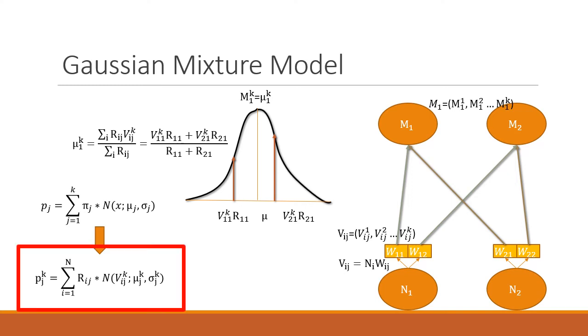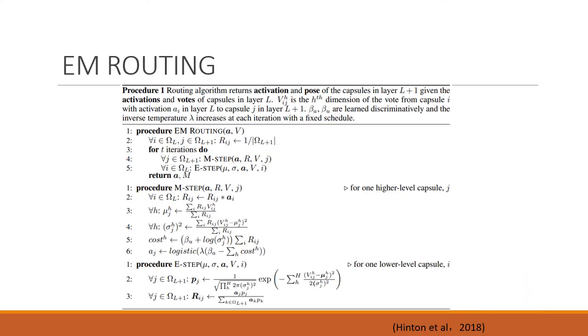Looking back now at this formula, Pjk represents the probability distribution of the number k element in the number j upper matrix. The process of EM is divided into two steps after initialization. First, Rij is initialized to distribute the weight evenly. In step M, the expected value and the covariance of each element of the matrix M are calculated based on the distribution of Rij. Then calculate the activation value of the upper matrix.